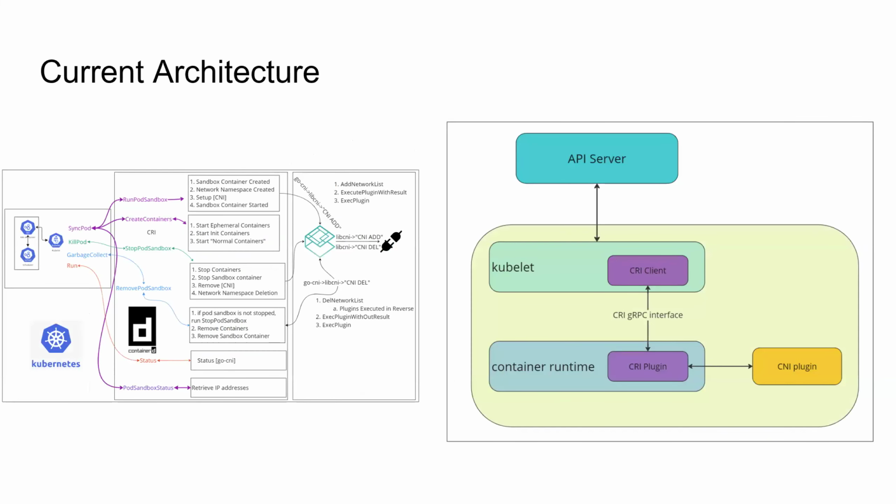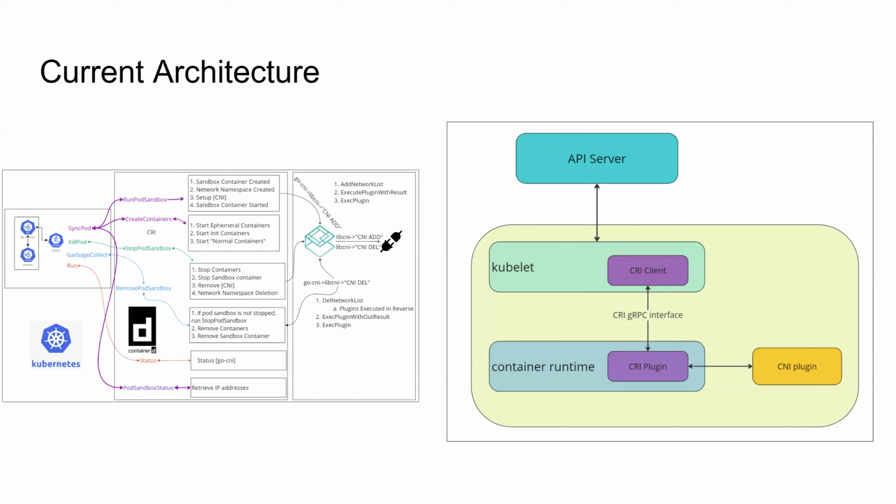So, as a quick summary to talk about the current architecture, right now the container runtime is involved with the CNI add and CNI delete, and that's implemented as a CRI plugin, which is what is executing our CNI plugins.